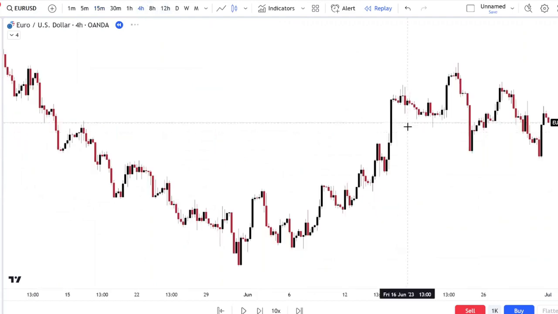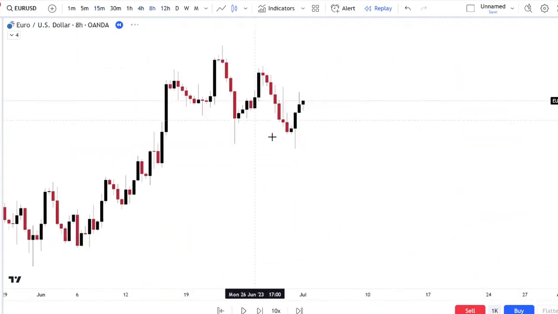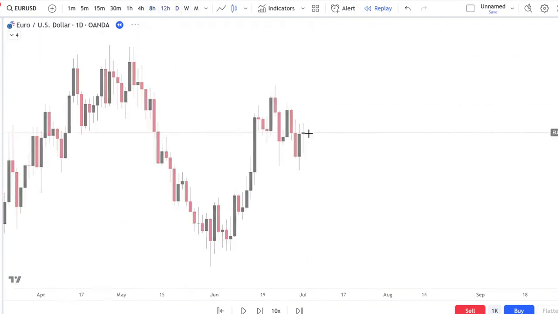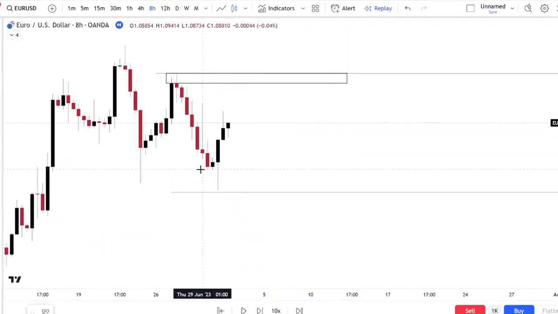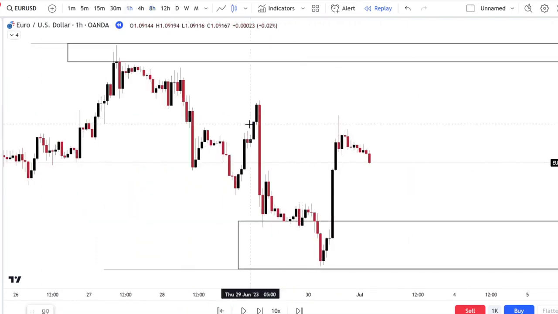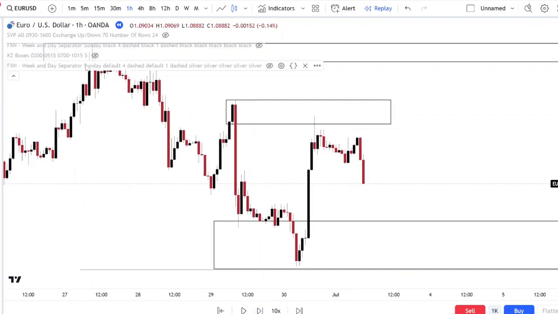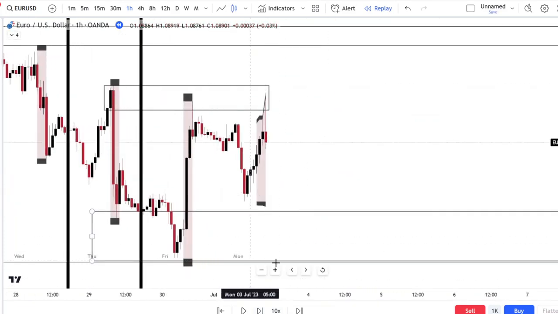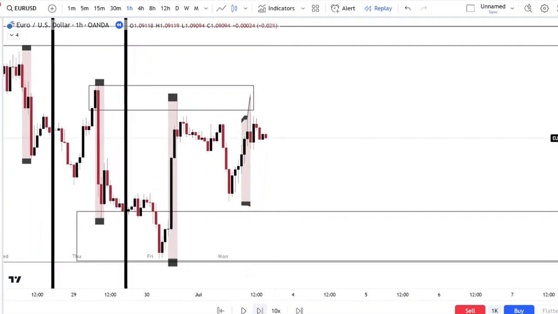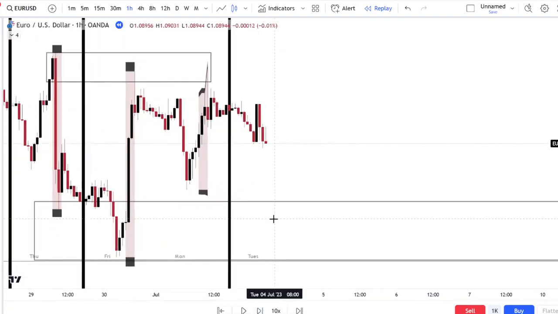So first thing you want to do is look at your macro. Let's play the price out. Nothing interesting as far as the macro. Let's play price out a little bit more.